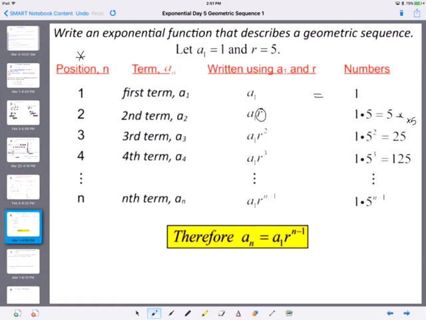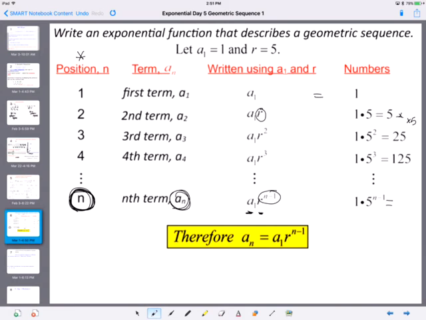If we're looking for the nth term, so we don't know which position we're going for, we can use a sub n as our term. So we take our first term times our ratio raised to the n minus 1 power, so whatever term number they give us, we're going to replace our n with that to fill in whatever the next number is.